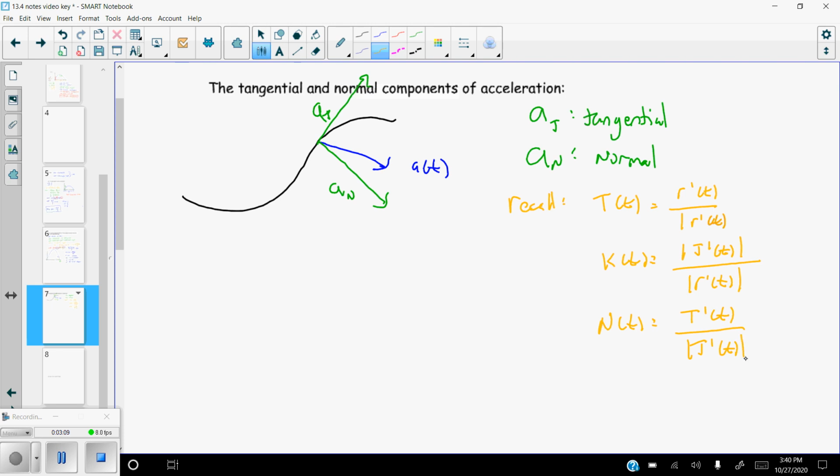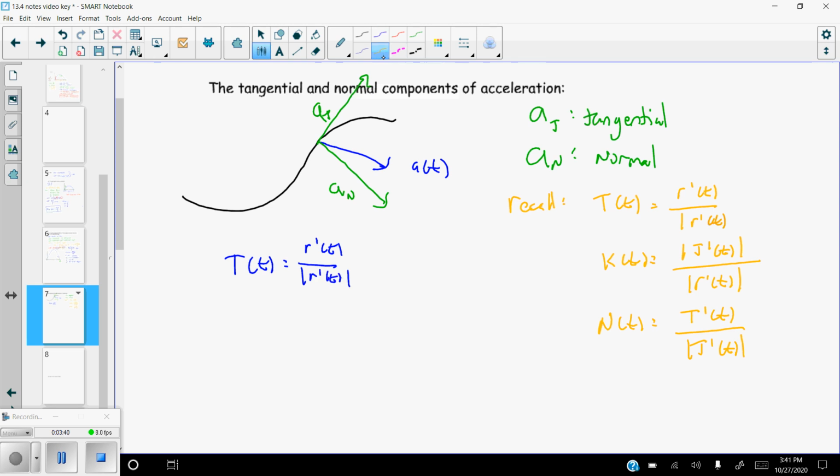Okay, so let's start figuring out this thing. We're going to develop this formula for the unit normal and the unit tangential vector. So the first thing we're going to do is start off with the fact that the unit tangent vector, T of t, let's go with blue here, is defined as r prime of t divided by the magnitude of r prime of t.